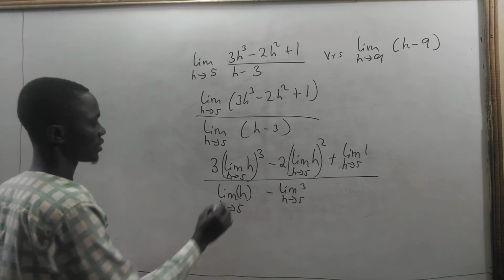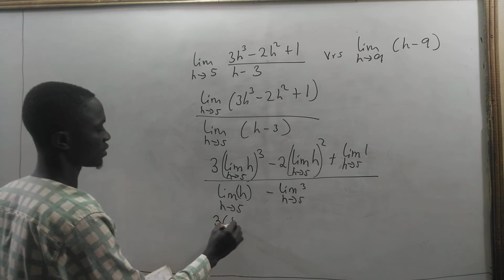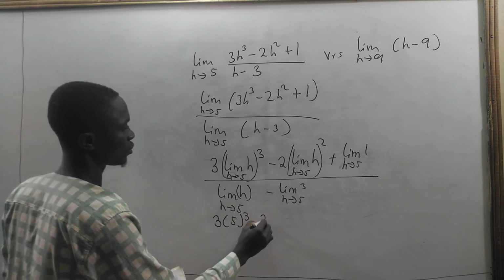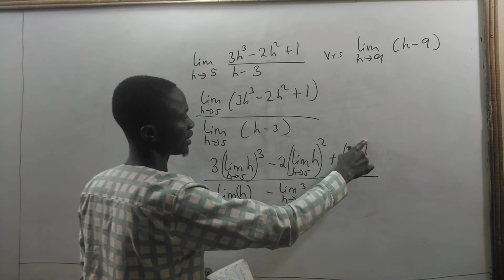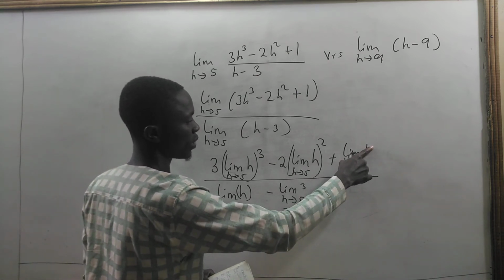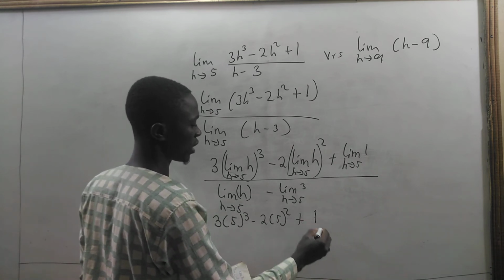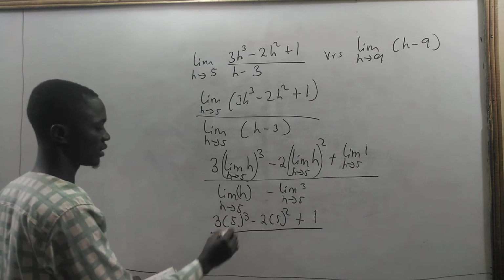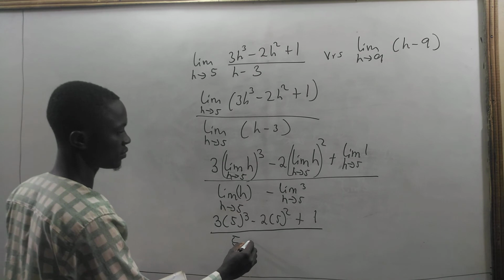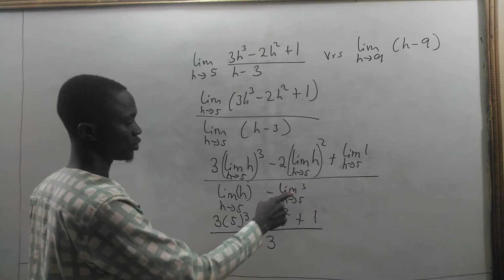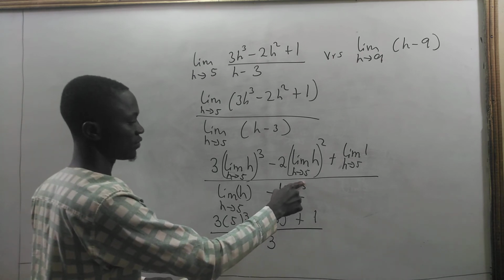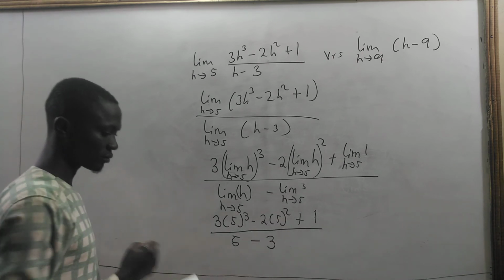So this will give us 3 times 5 cubed minus 2 times 5 squared plus the limit of a constant is a constant. So the limit of 1 as h approaches 5 is the same 1, divided by 5 minus 3. The limit of 3 as h approaches 5 is the same 3.